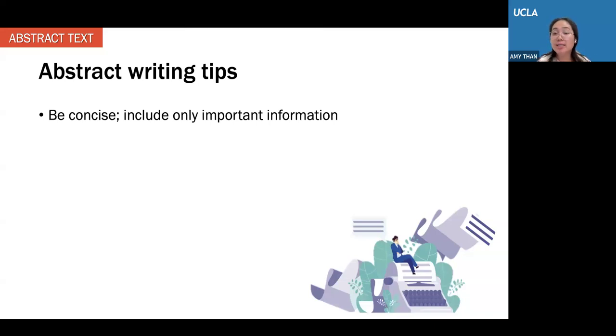the undergrad showcase, the reader is not an expert in your field. For example, I study neuroscience, and my abstract, if I were to submit to this project, might be read by a physicist or a chemistry major or someone in the bioinformatics.